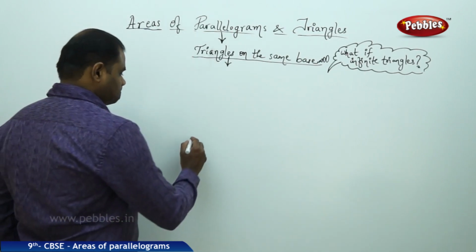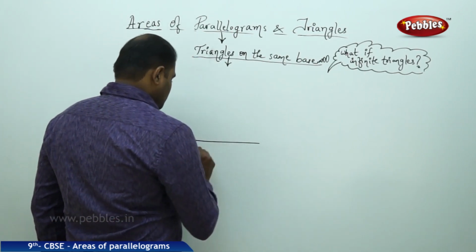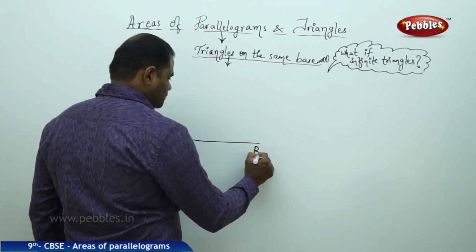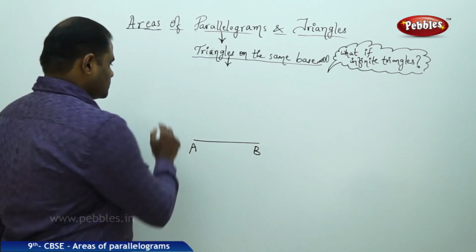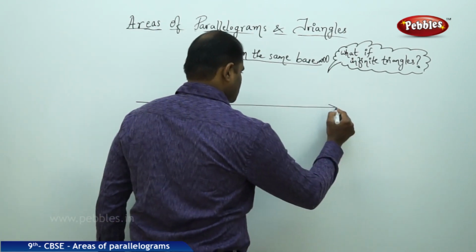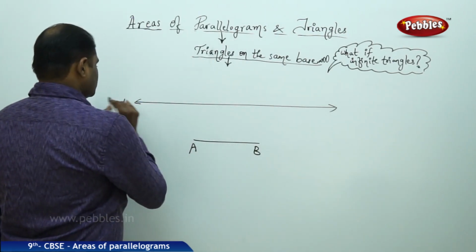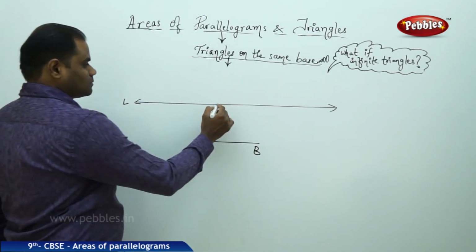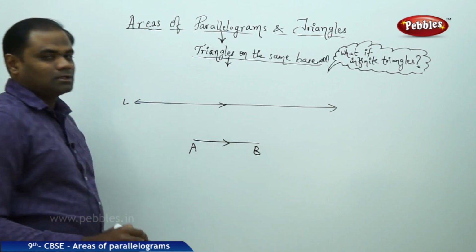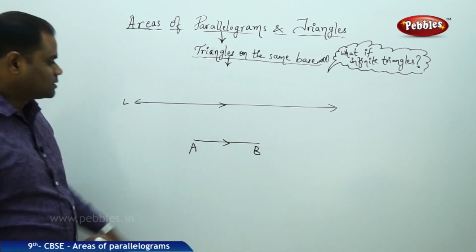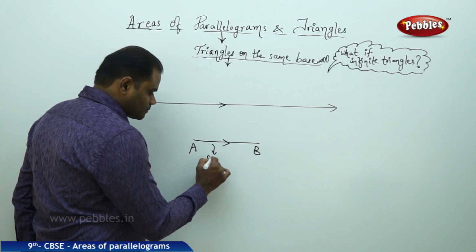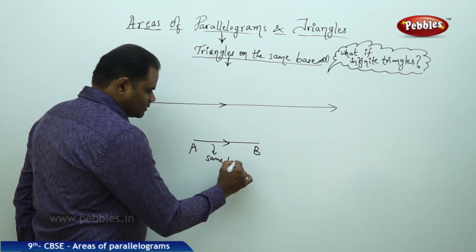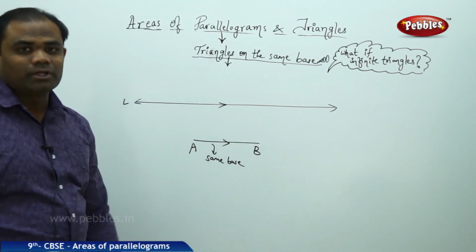So here I have the base AB and a line which is parallel to this. Now between the same parallels with the same base AB, let me take more than two triangles.